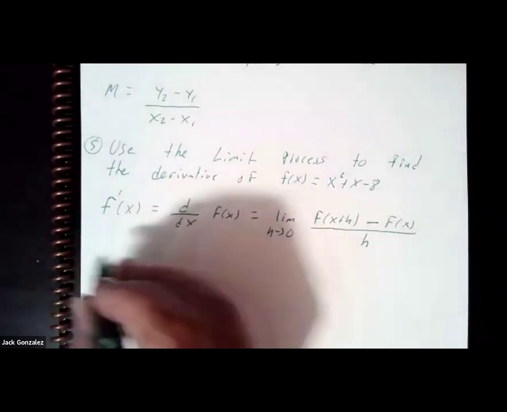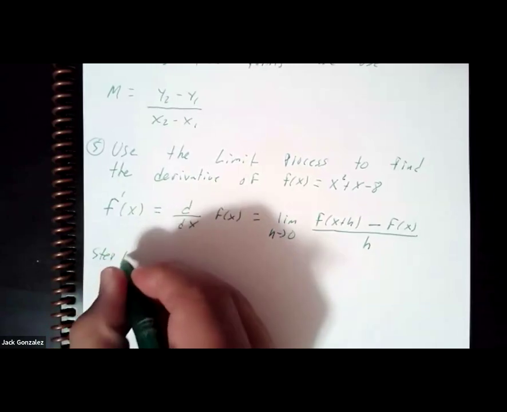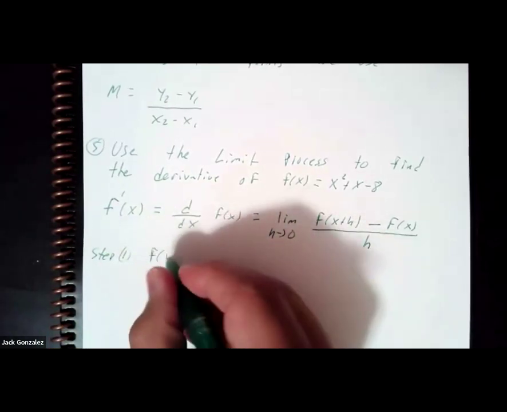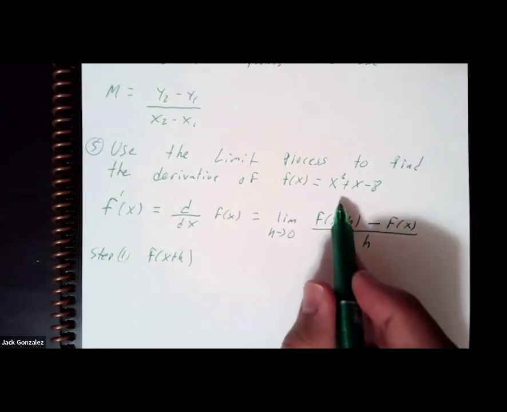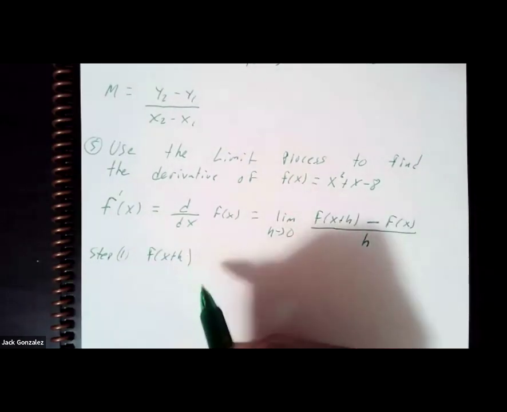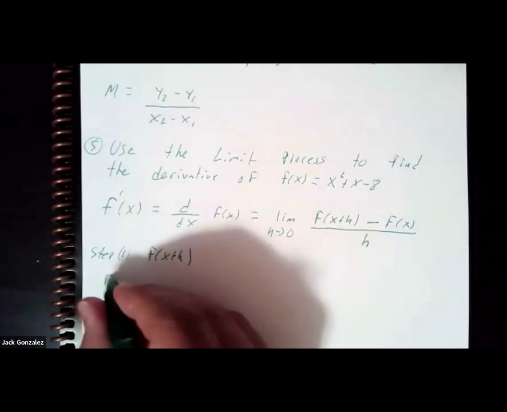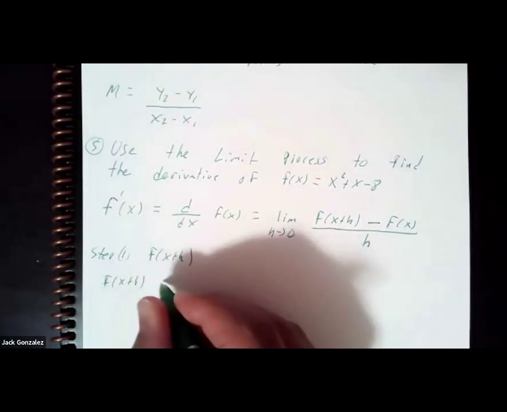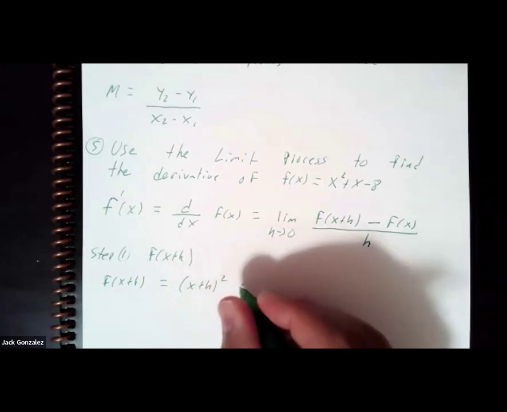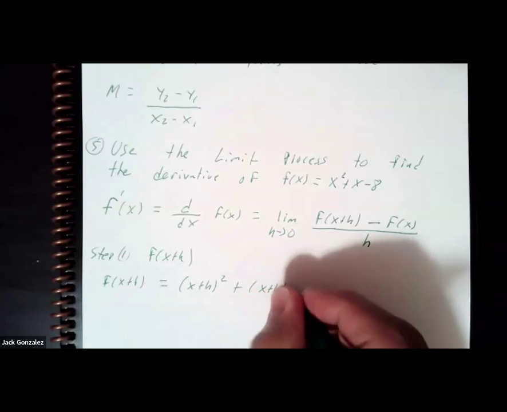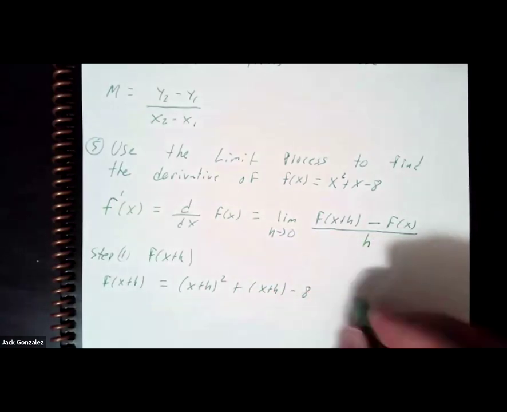It's a lot of algebra. So step 1, find this part. Right, so f is this. So just plug in x plus h. So f of x plus h will be x plus h plus x plus h minus 8.